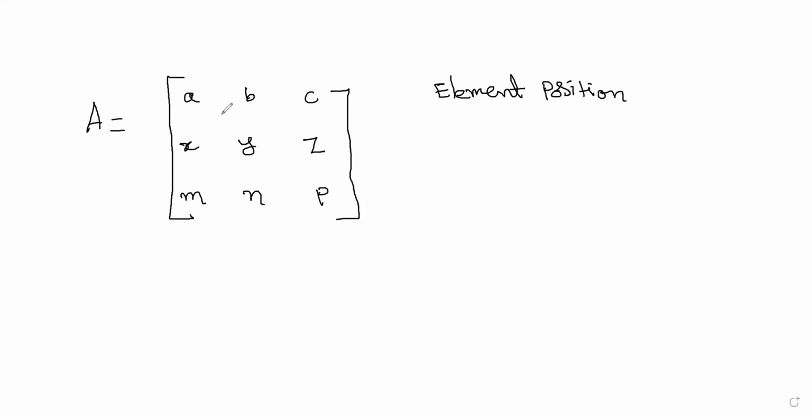Now what is the position of A? A belongs to the first row and the first column.